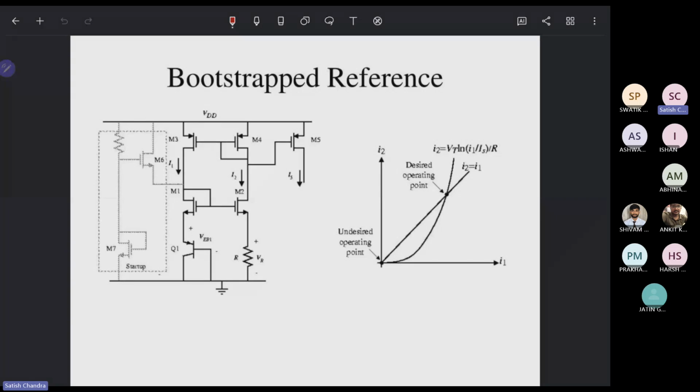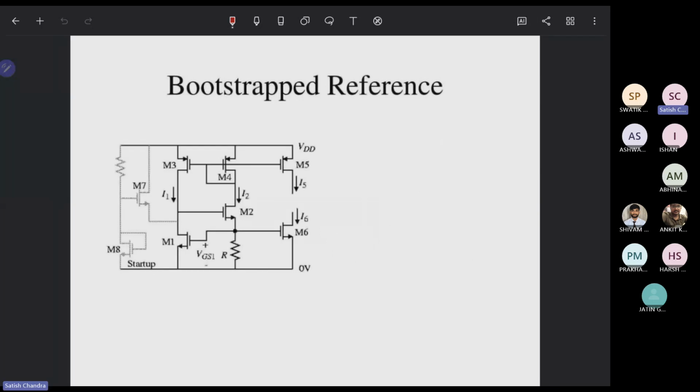We have also seen how to calculate the I1 and I2 current, depending on what we have gone through. So these are the different starter circuits for bootstrap referencing. That is all of the voltage or current referencing part.